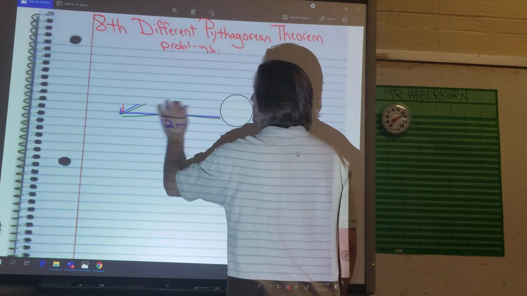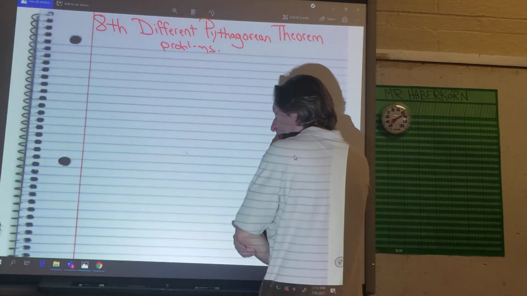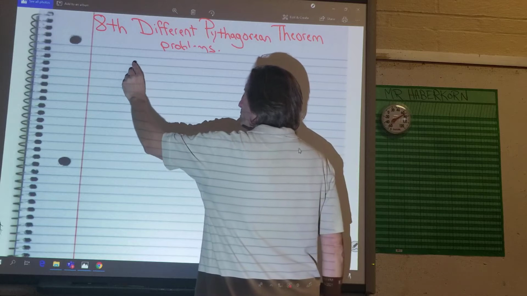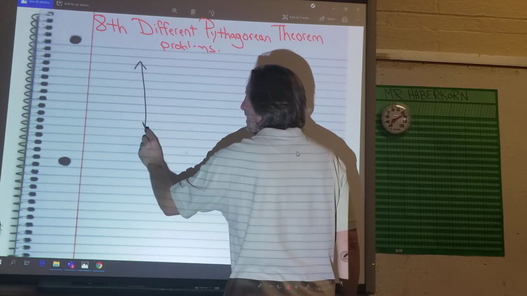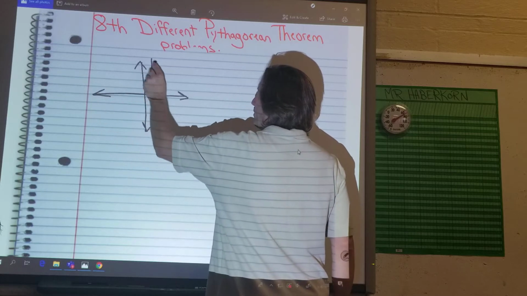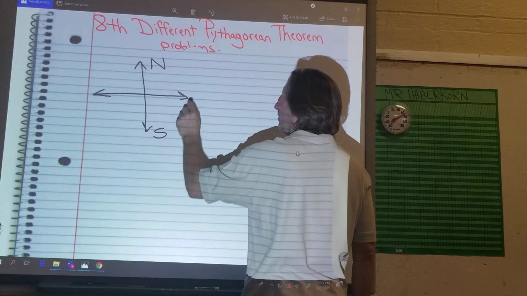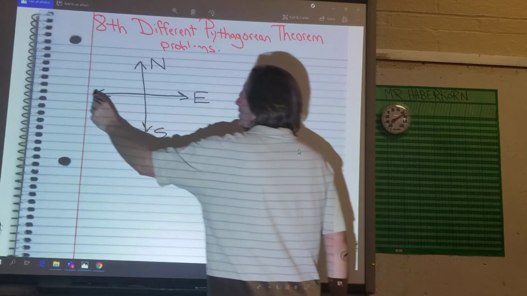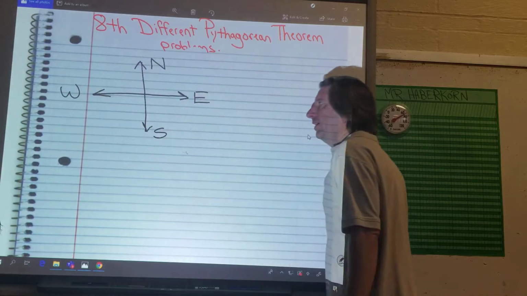The other thing is direction problems. So what I'm going to draw up here is called a compass rose. And they have these on maps. And this is north, south, east, and west. All right?